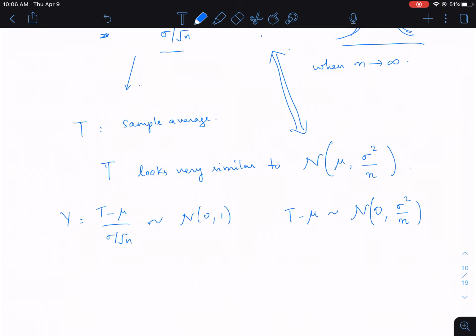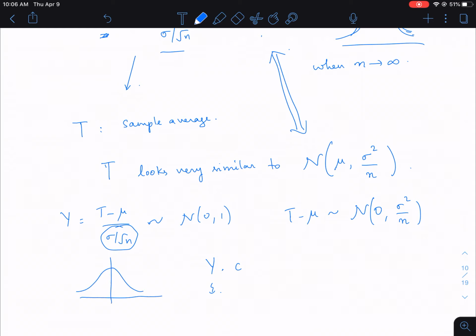if I take y and scale it up by sigma by root n, so let's say I scale it up by some factor c, and y was distributed as a normal, so y had a distribution like this.